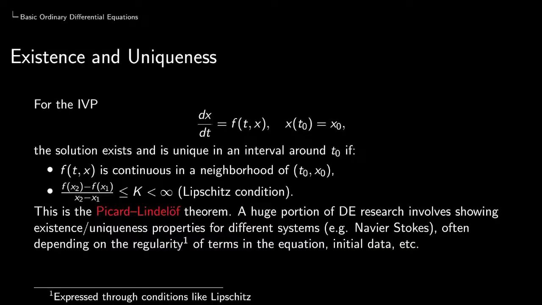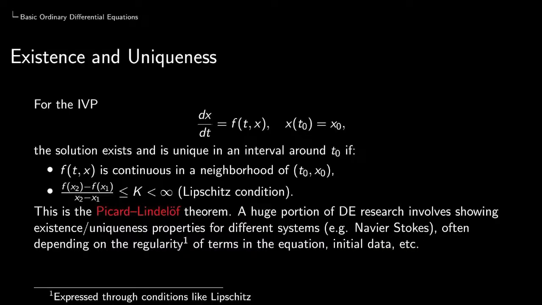This is just a common example that's fairly useful for ODEs specifically. A lot of differential equation research involves finding the uniqueness and existence properties for different systems. So it's not just Lipschitz. There's a bajillion other ways to describe different functions, different regularity conditions.